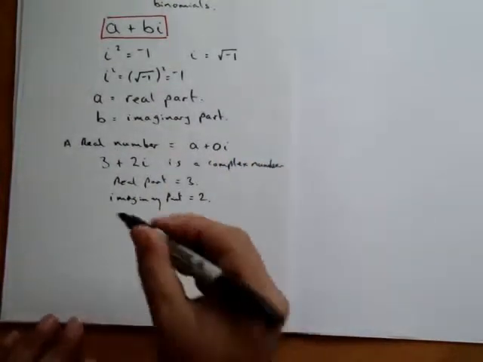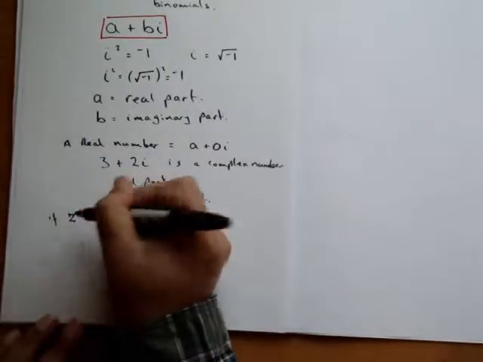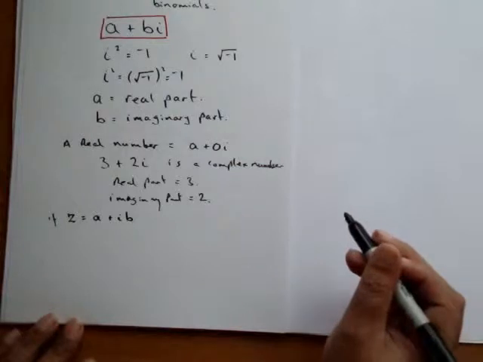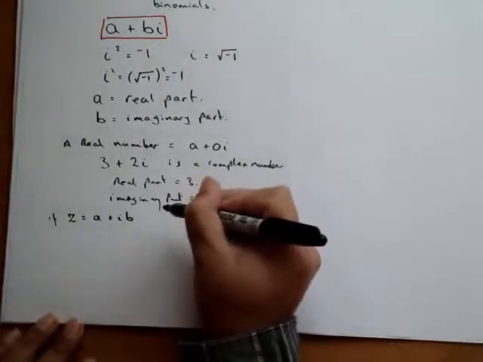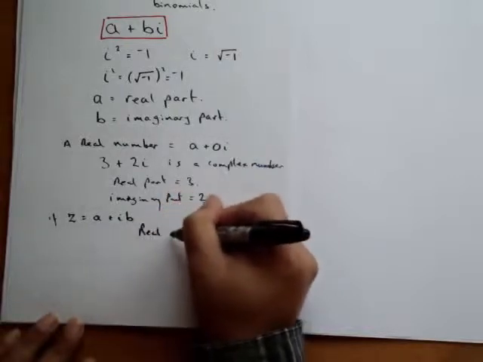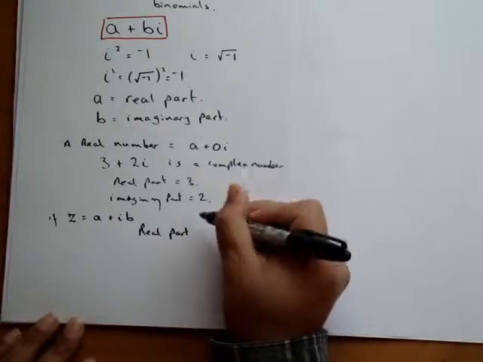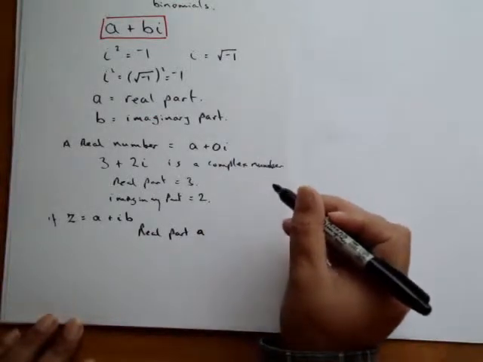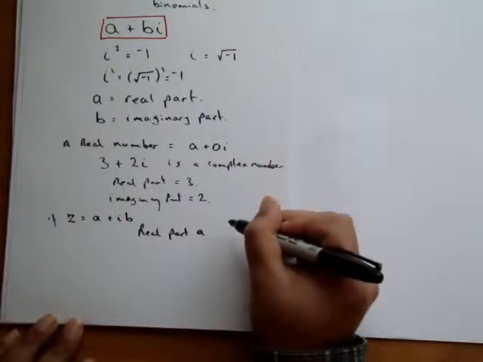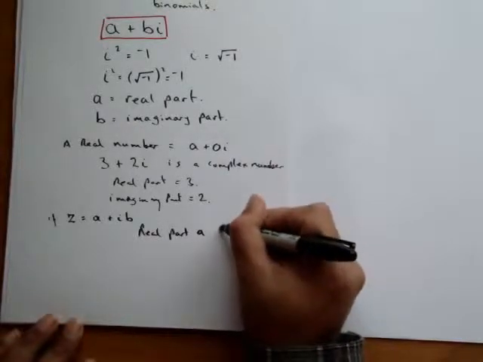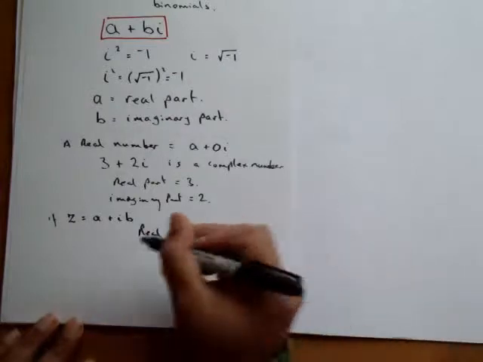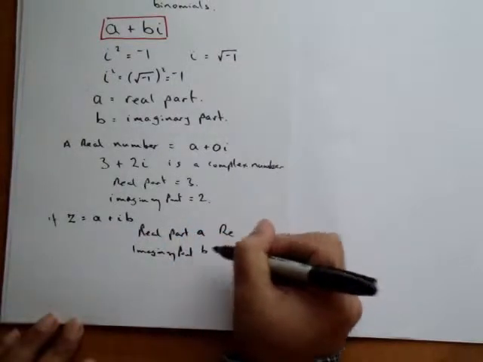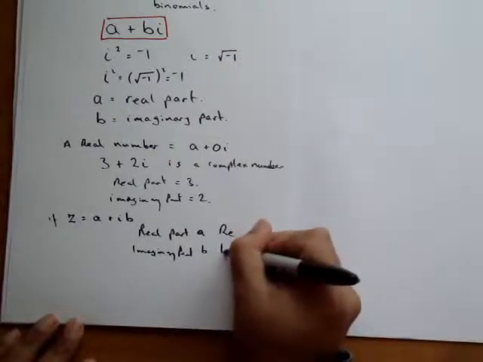Now if we let z equal a plus ib, then the real part is a, and that's sometimes called Re, the real part, and the imaginary part is b, which is sometimes called Im, the imaginary part.